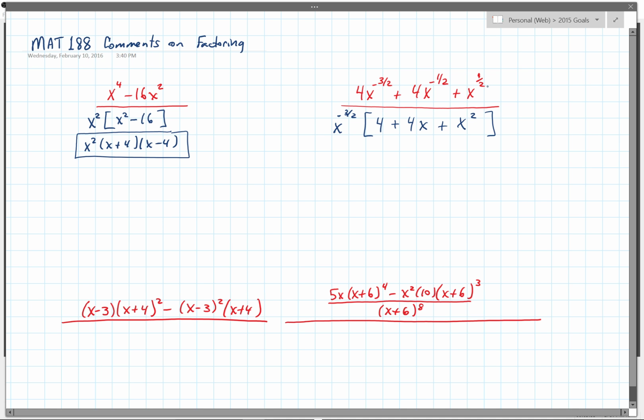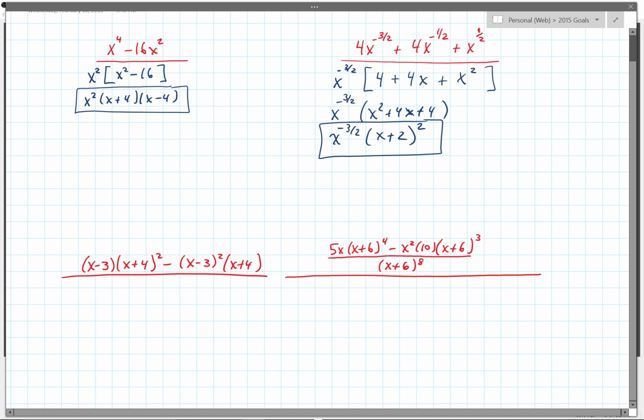That's probably now much more recognizable that I can factor that. So we have x to the minus 3/2, and then x plus 2. I'd normally put another x plus 2. Since you have 2 of them, you need to say squared. And then ultimately, if you look at that, you're done. None of these factors can be factored further.